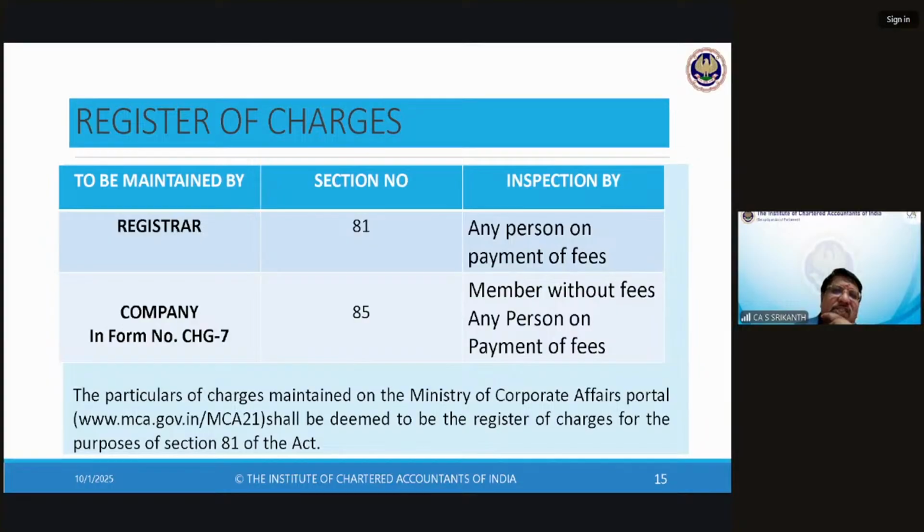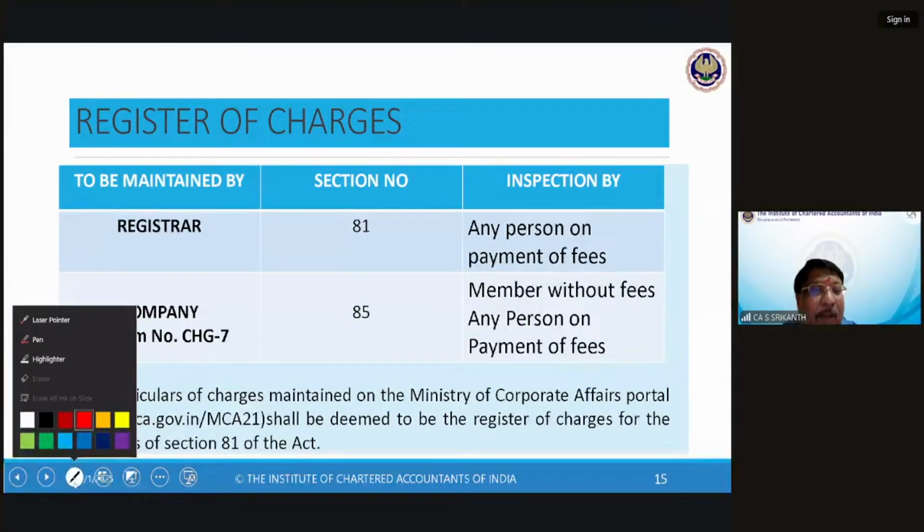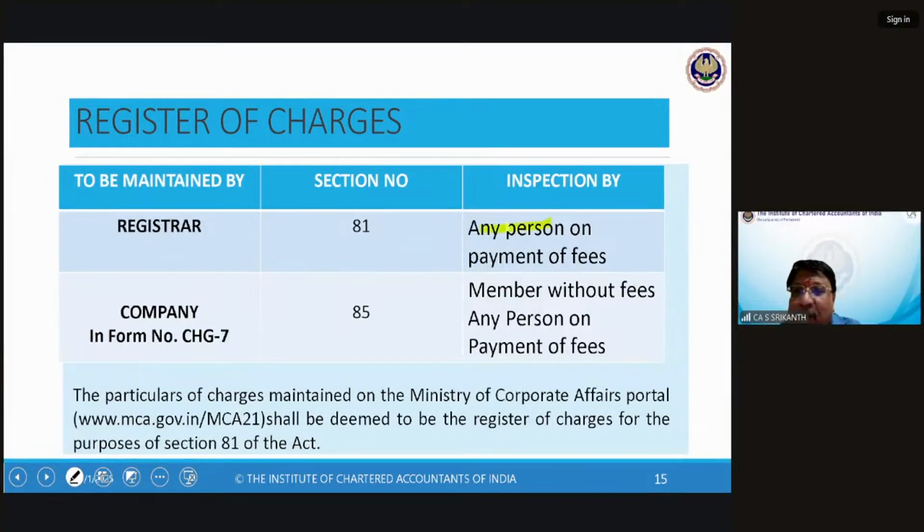So, register of charges is to be maintained by the registrar. The section is 81. It can be inspected by any person on payment of fee. That is why it becomes a public document. Also constructive notice. Okay.